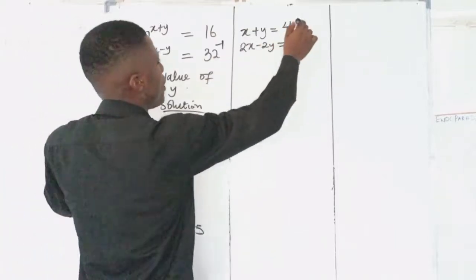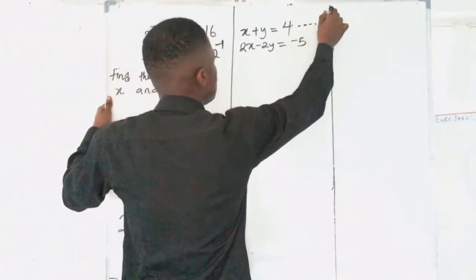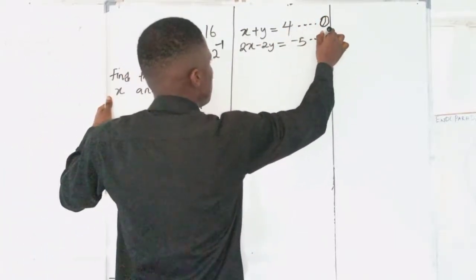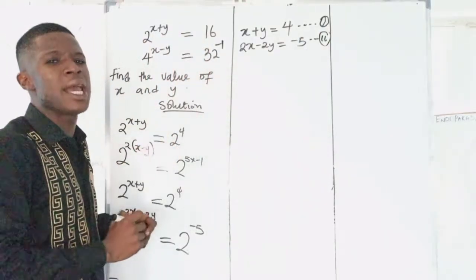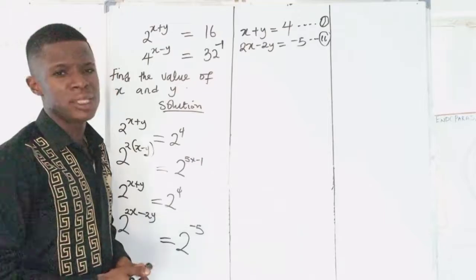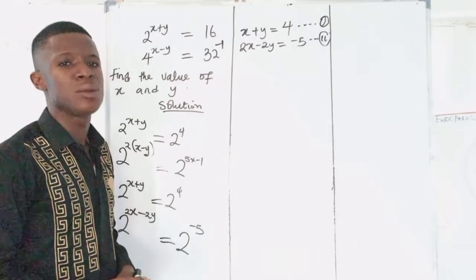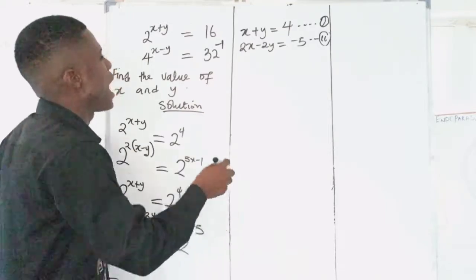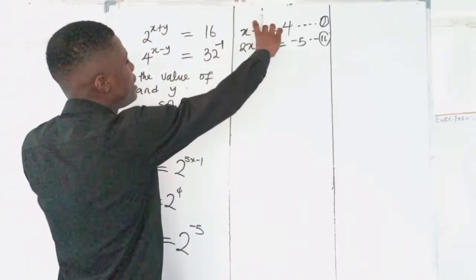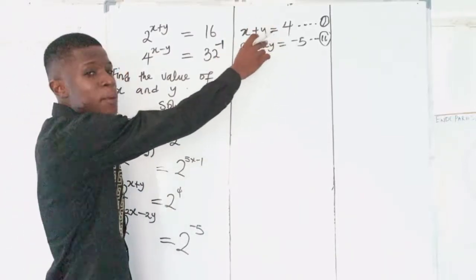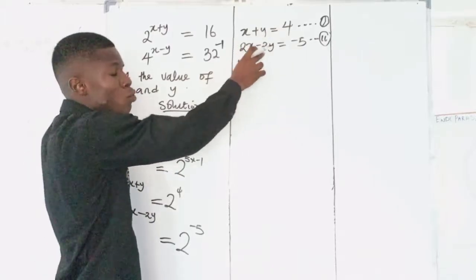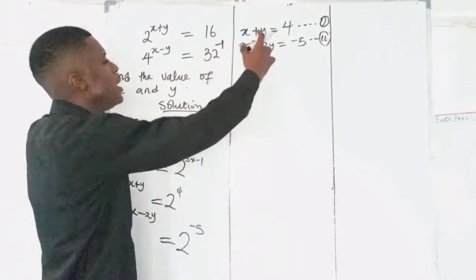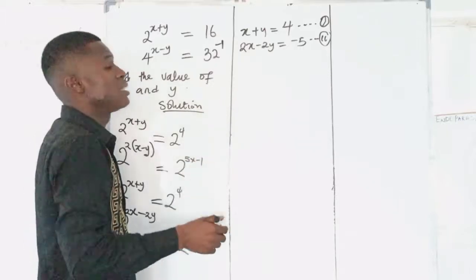I can say that this is my equation 1, and this is my equation 2. I will solve this with the elimination method. For me to eliminate my y, I have to multiply equation 1 by 2 and multiply equation 2 by 1.